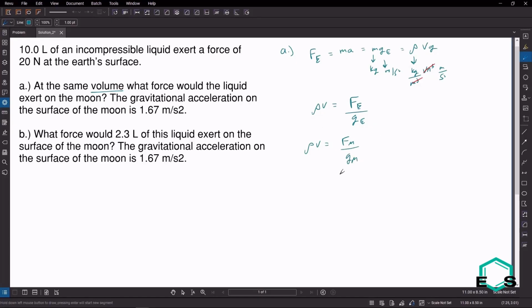I can set these two equal to each other and solve for the force on the moon. And then all I have to do is plug in my numbers.